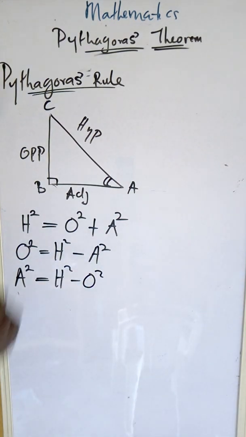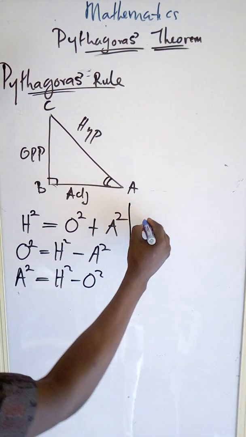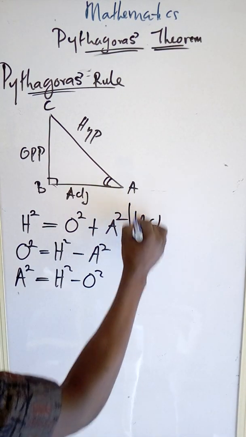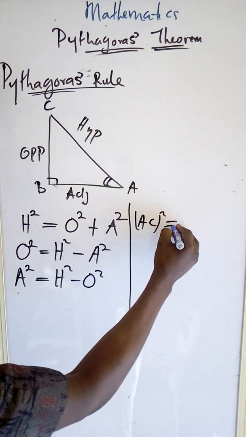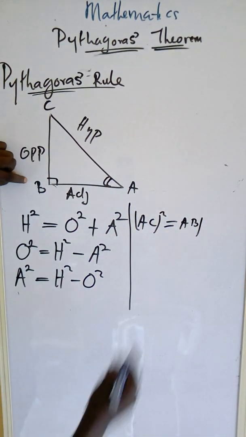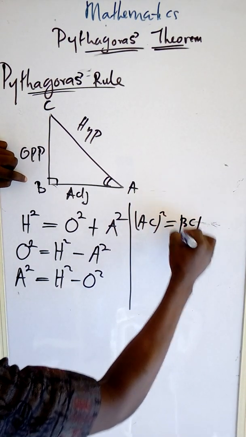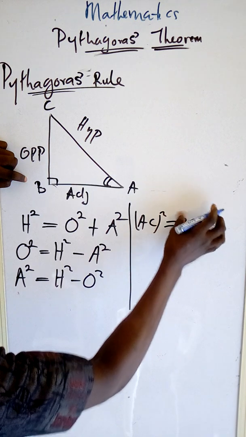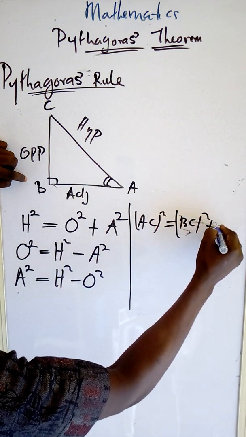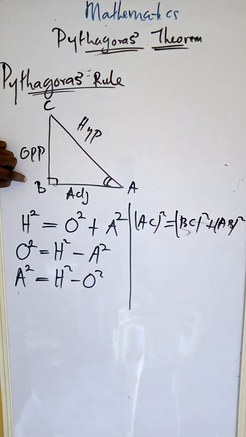So it's as if we are saying the same thing: our AC squared equals BC squared plus AB squared.